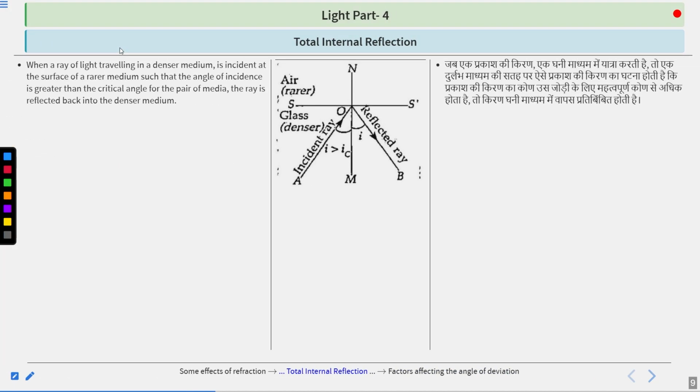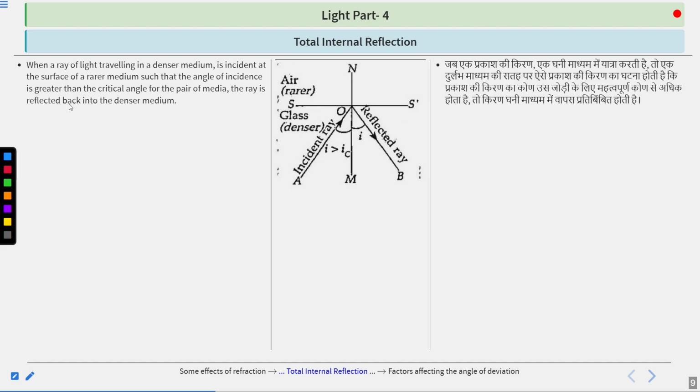When a ray of light traveling in a denser medium is incident at the surface of a rare medium, such that the angle of incidence is greater than the critical angle for the pair of media, the ray is reflected back into the denser medium. Here you can see this is the denser medium and this is the rare medium.